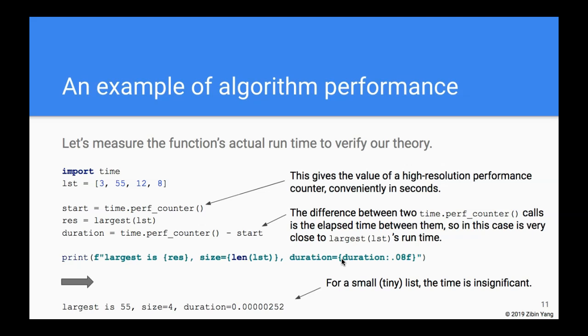In order to measure performance, we can use a standard Python library called time. One of the functions that the time module provides is called perf_counter. It gives us the value of a high-resolution performance counter on your computer, and the unit of this counter is expressed in floating point seconds.